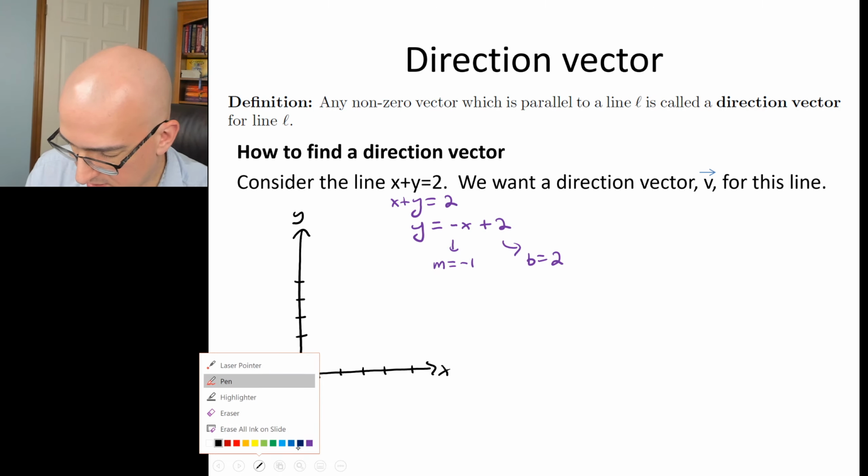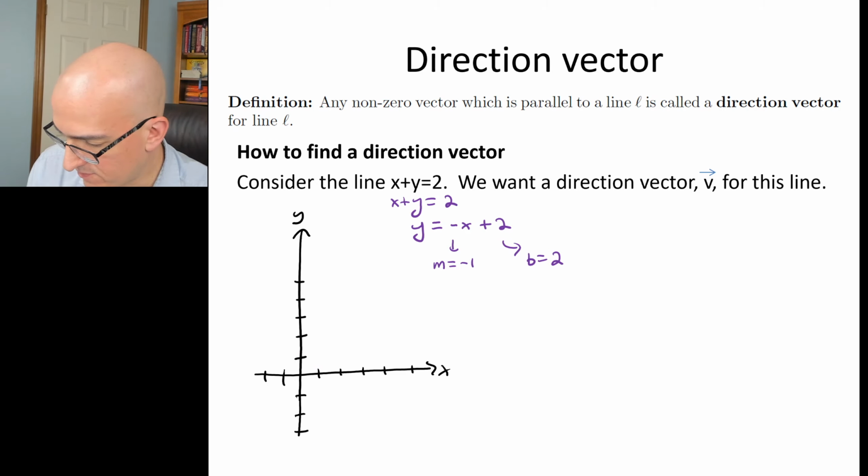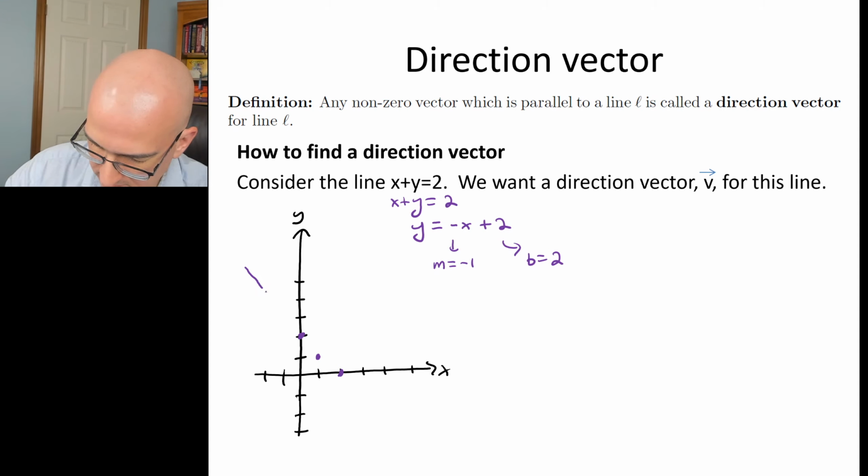So then I'll draw that line. When x is 0, y is 2. If x is 1, y is 1. If x is 2, y is 0. So that's our line.